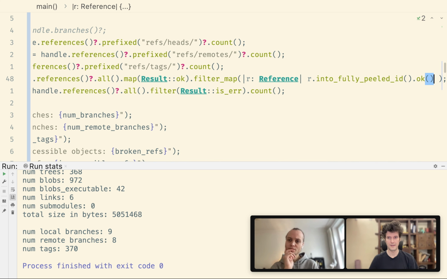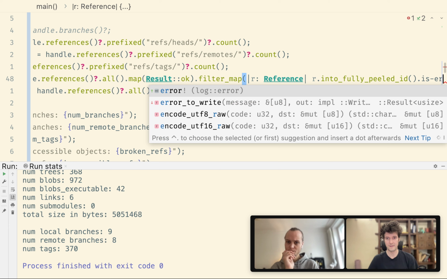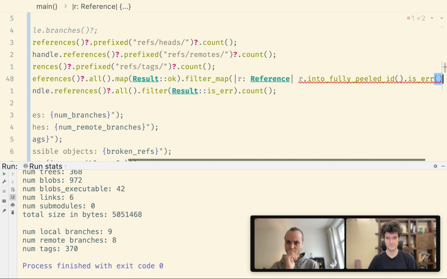Yep. And here I'd say if it can't traverse it, then yeah, this is what we count. So it's more like is error here. That's it. And then this is not a filter map, then it's a filter.